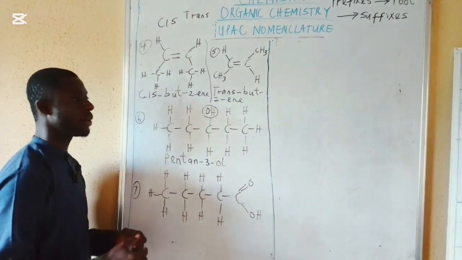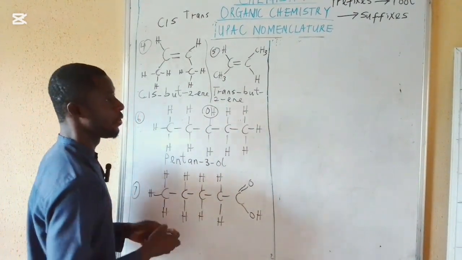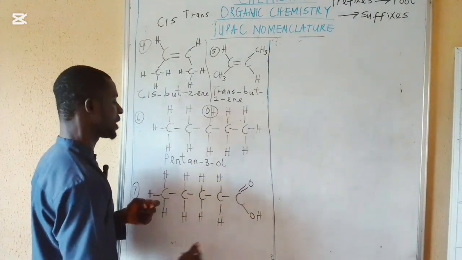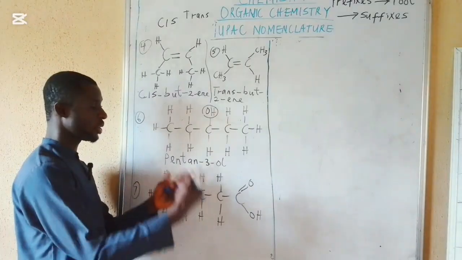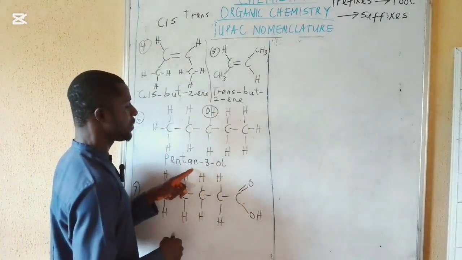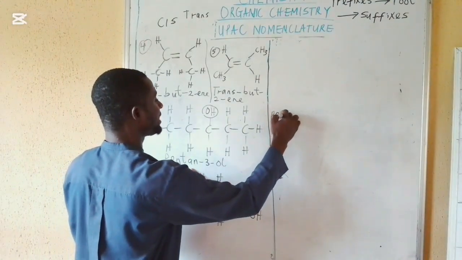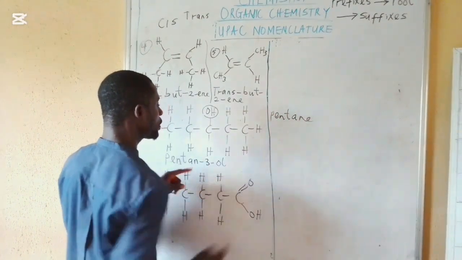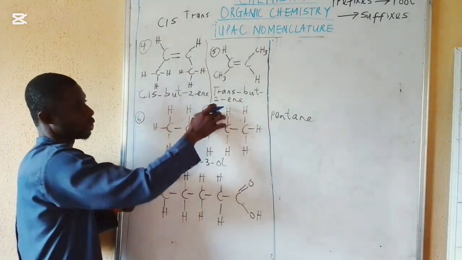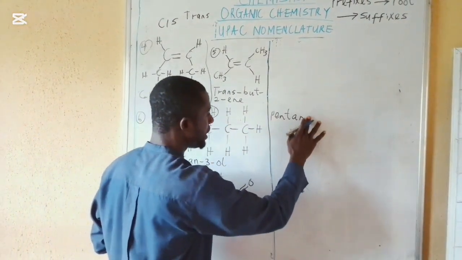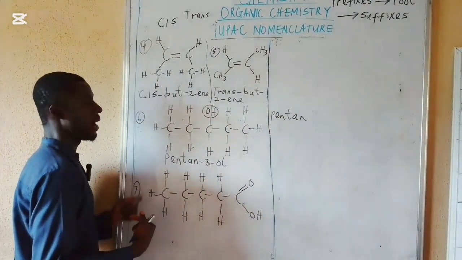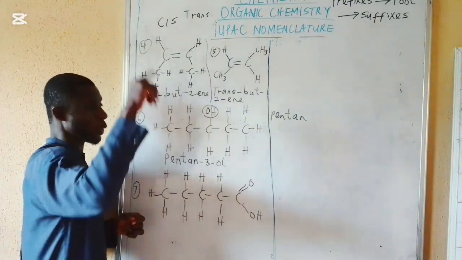Another thing I want to note here is that when an alkane has lost one hydrogen, that leads to the attachment of another functional group, which leads to the formation of another organic compound. So the name of this organic compound should be pentane, normal for an alkane, but because the hydrogen here has been substituted by the OH, the E in pentane is going to be removed, and we are going to add the suffix of that functional group, which is alkanol, and that is OL.